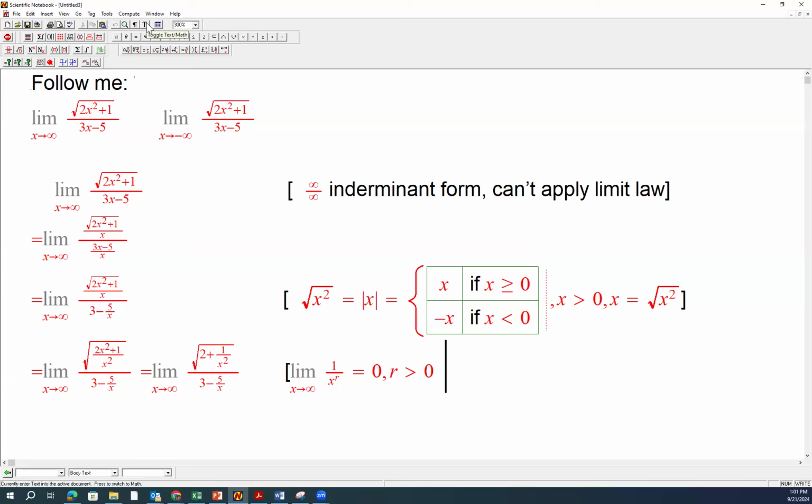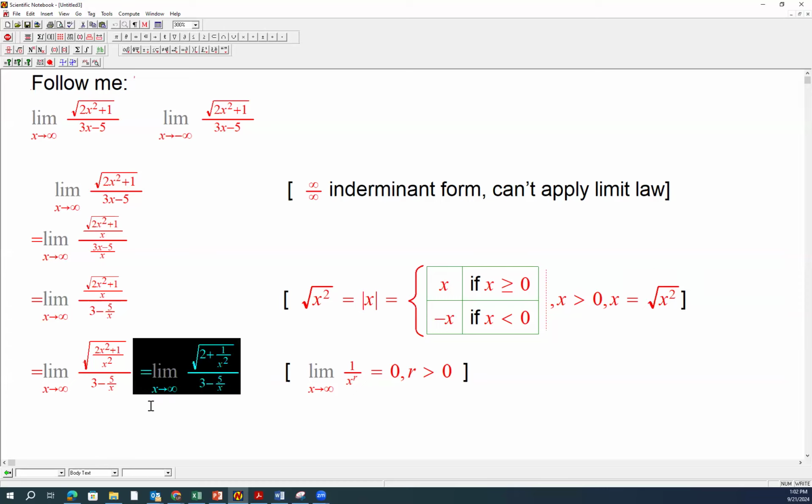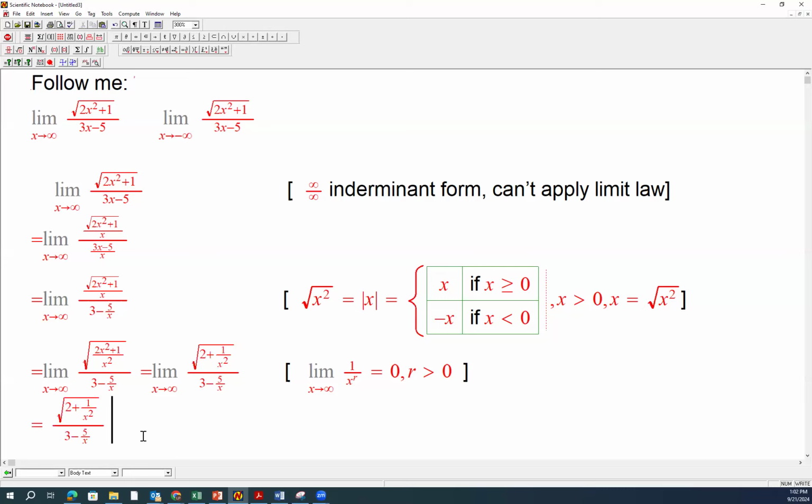In our case, in the first one, r is 2, and in the other r is 1, so we can apply this property and the limit law. So next, we apply the limit law and take the limits individually. The limit will go through the square root, because the square root function is a continuous function.